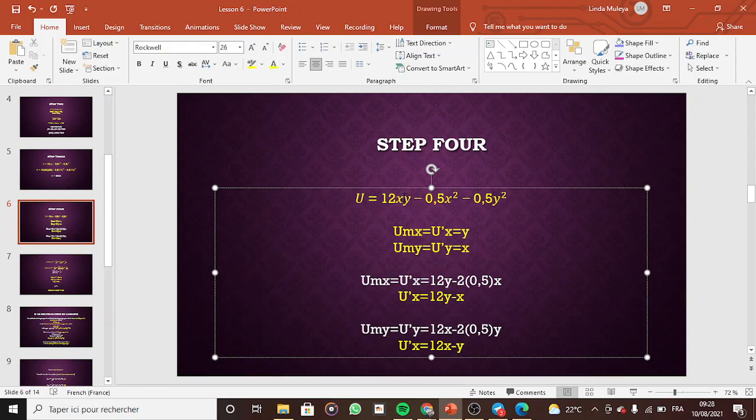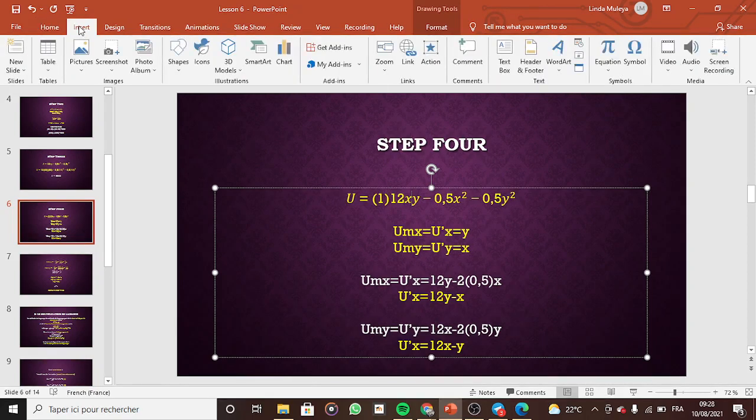So what you do is you bring down that power and it will come here. And then what you remain with is x to the power 1 minus 1, which will give you 0, which is when a value is to the power 0, it's equal to 1.